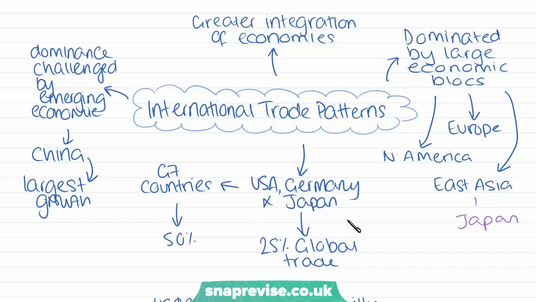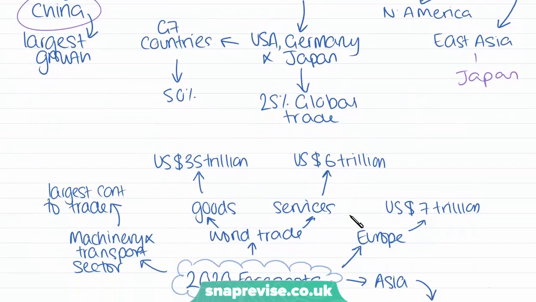However, currently, USA, Germany, Japan account for 25%, and the other G7 countries have accounted for 50% of international trade. But the main point we need to learn about the changing patterns is that the dominance is being challenged by the emerging economies, such as China. China is really, really important, and China's seen the largest growth in recent years. So that's just a recap, to show you some notes on the map that I was just talking about.